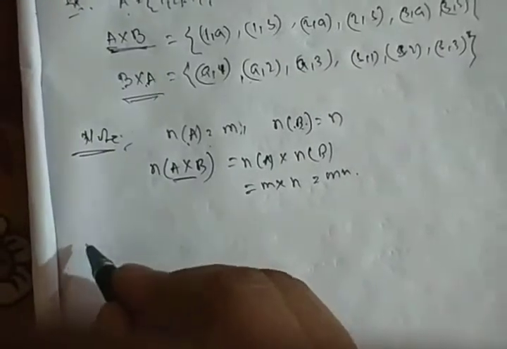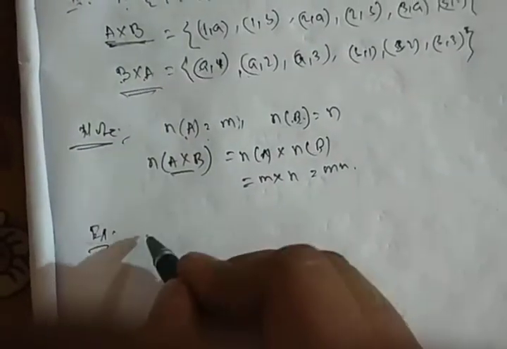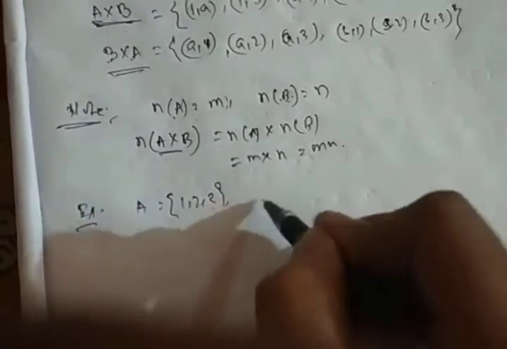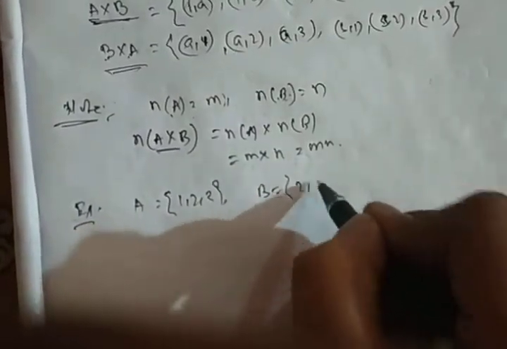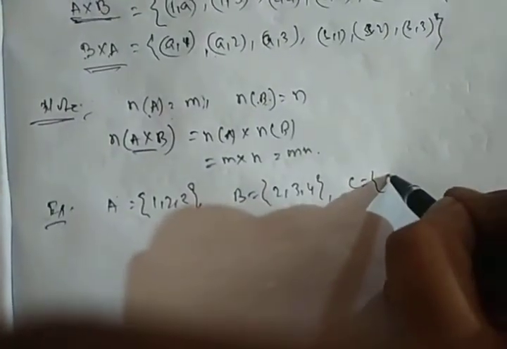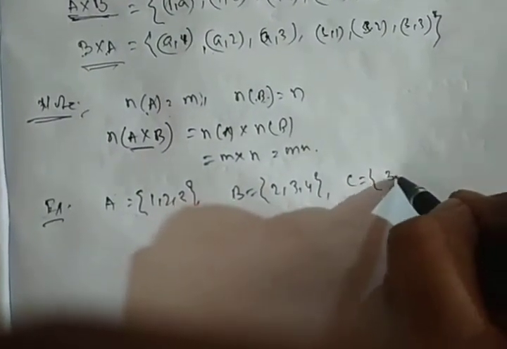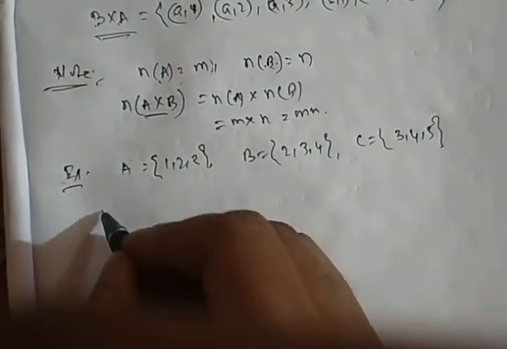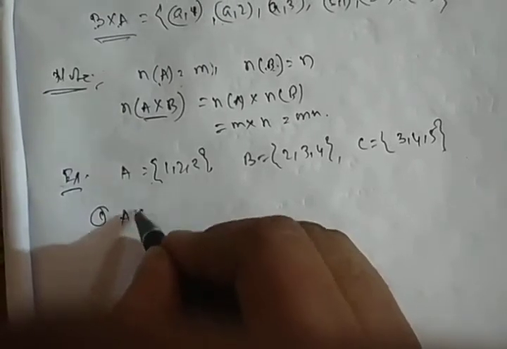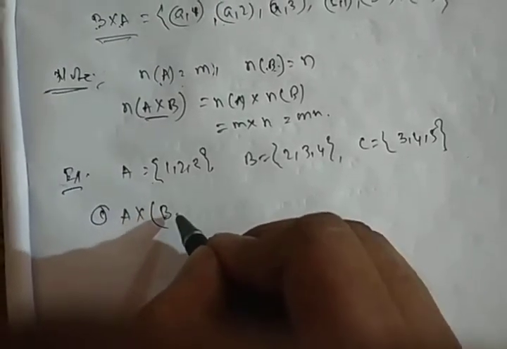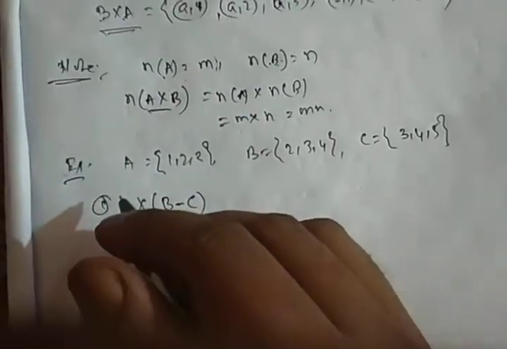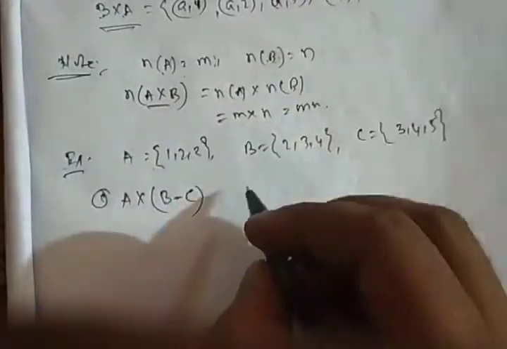So the question can arise as: let A be 1, 2, 3, B be 2, 3, 4, and C be 3, 4, 5. Then find A cross (B minus C). What will be A cross (B minus C)?